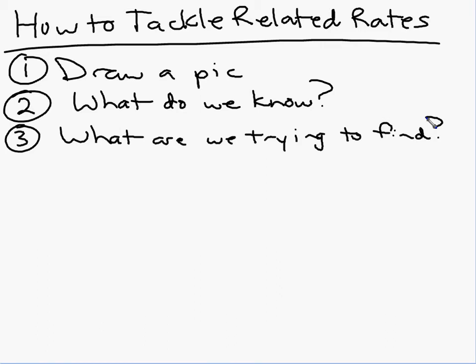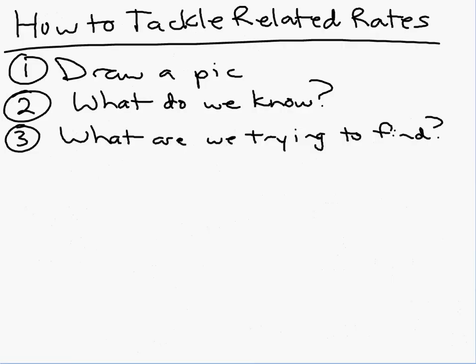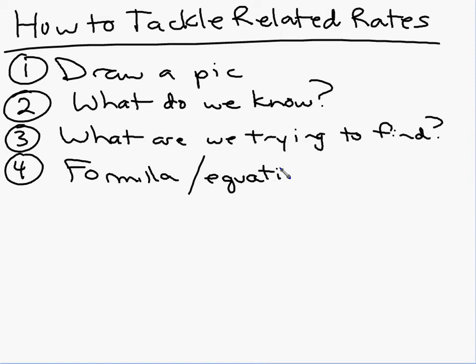In the example that we just did, we did that. Didn't we say that we wanted to find dy/dt? Okay, so you need to know what we are trying to find. Number four, you need some type of formula or equation. Oh no, it won't always be the Pythagorean Theorem. You need some type of formula or equation.